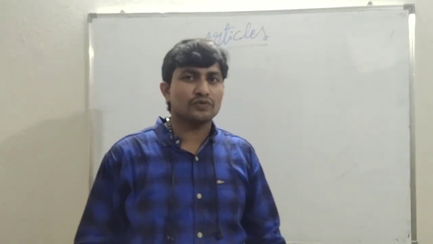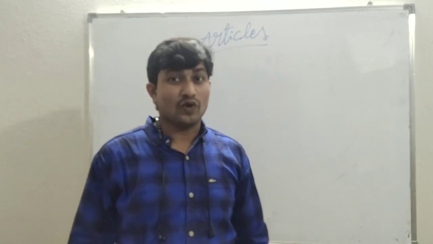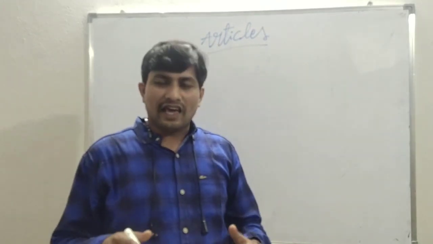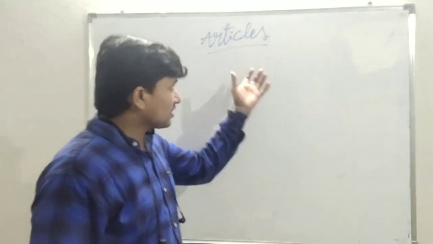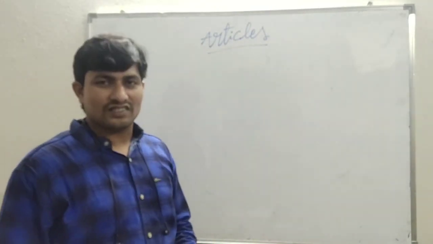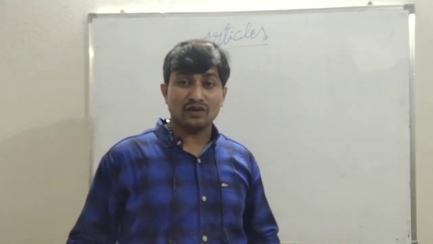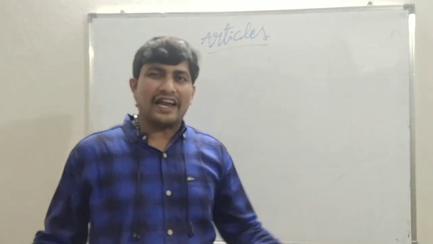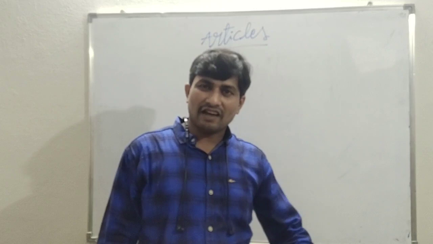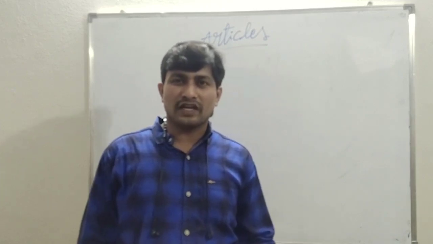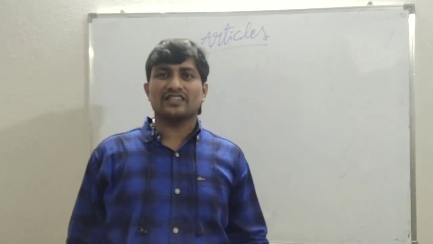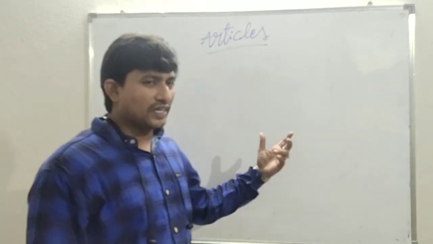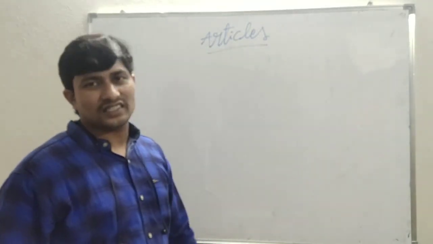An important role it is playing. Articles are known as determinants. Generally determinants are known as adjectives. I will tell you later why determinants are also known as adjectives, and what the determinants are. So let us see what articles are.